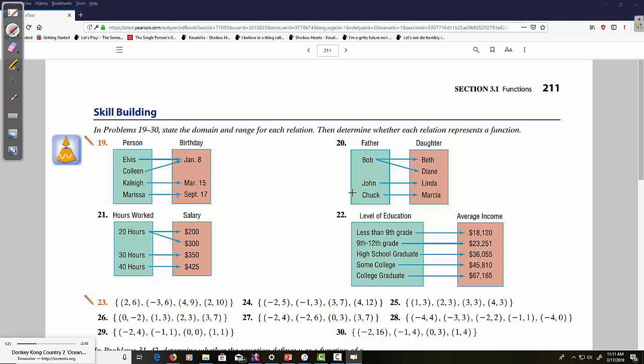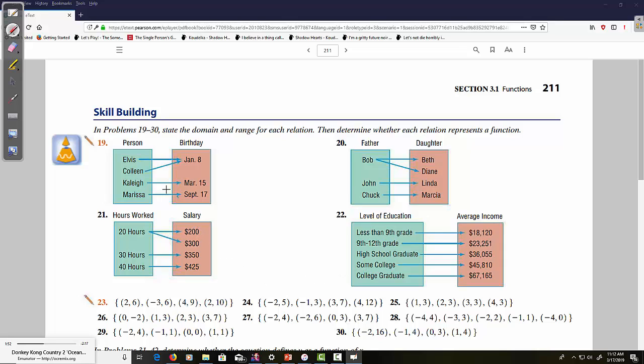You can probably figure out whether 20 and 22 are functions or not as well. 22 is, 20 is not, because Bob has 2 outputs. John and Chuck both have 1, but because Bob has 2 outputs, the whole thing is not a function. And 22, you can see here, each input has 1 output, so it's a function.